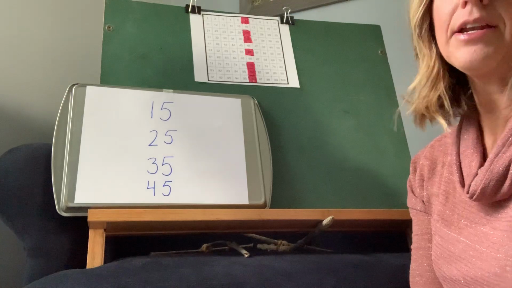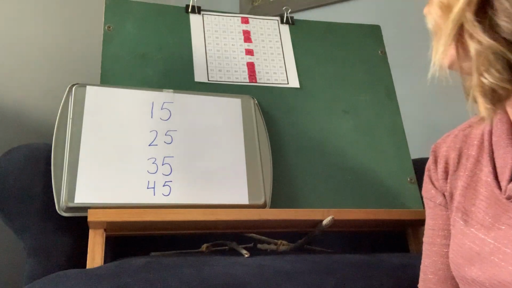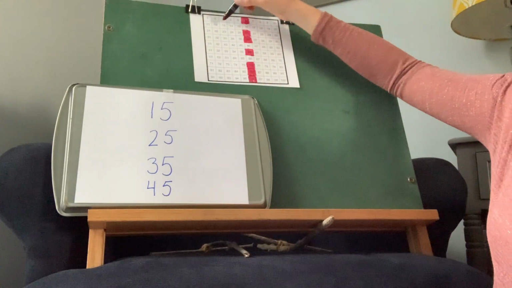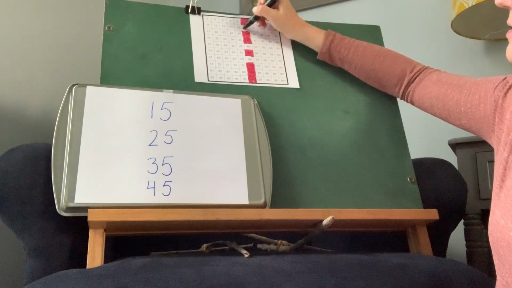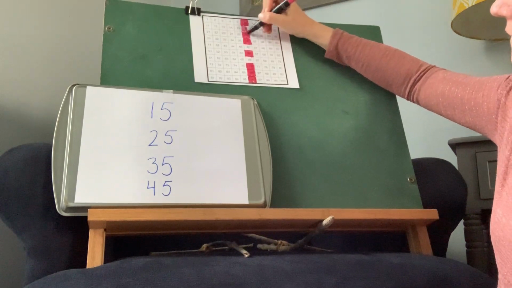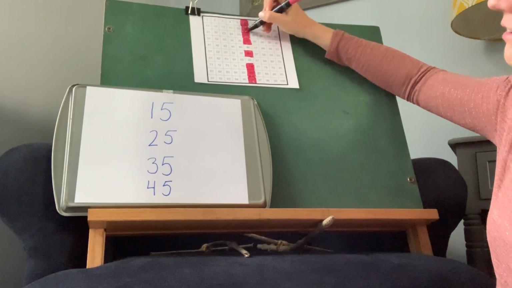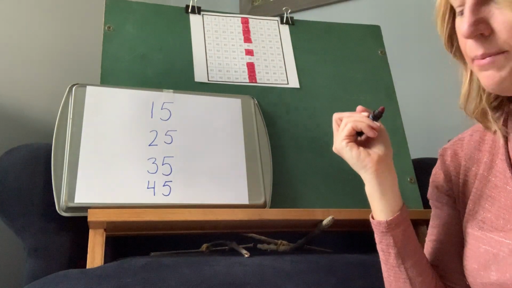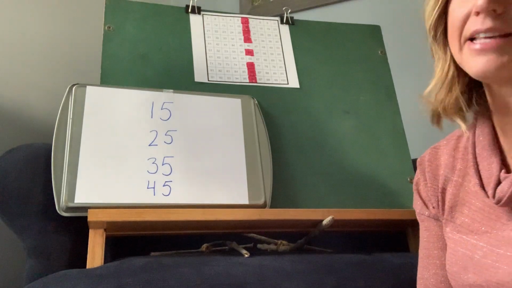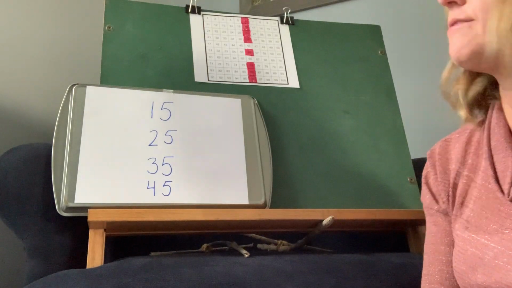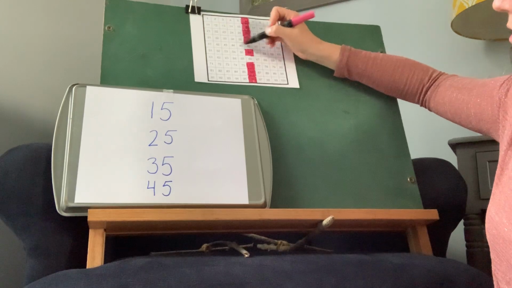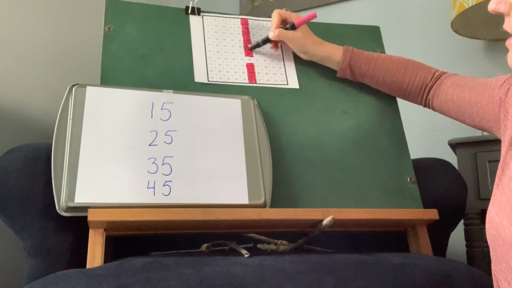Color the number that is after 15. Way back up here, 15 is in the teens. 16. Have we made anything yet? No. Looks like a line. Let's keep going. Color the number that is after 45. Oh, there it is, 46.